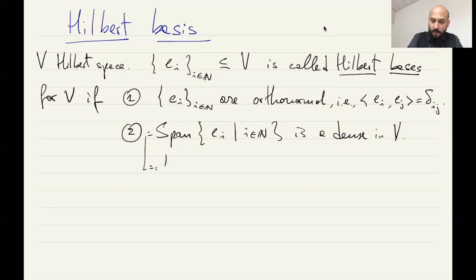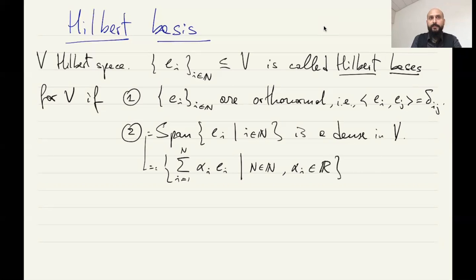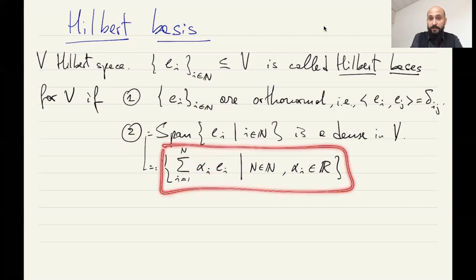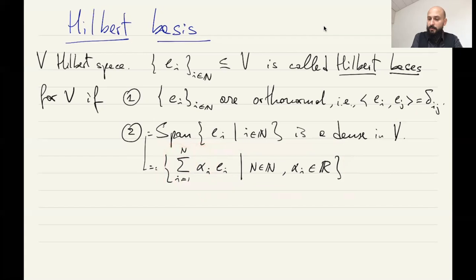The span is all those elements that can be written as finite sums, where n is an integer and all the alpha_i's are real numbers. So these are finitely many elements with coefficients. Of course, this is a vector space, but what we require is that it's dense, so the closure of this set is all of V.